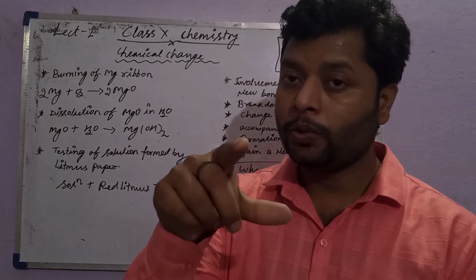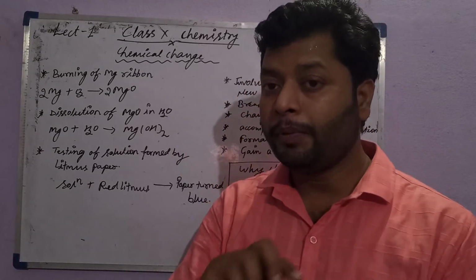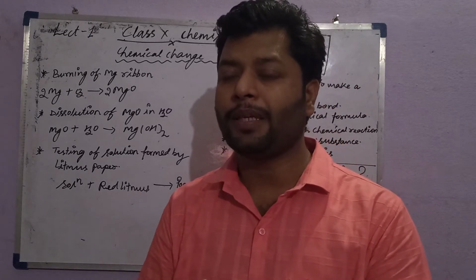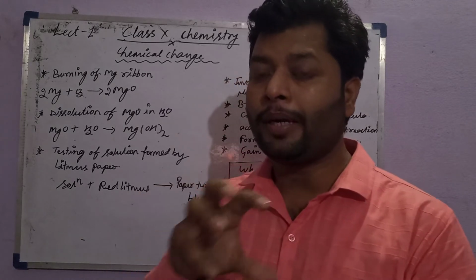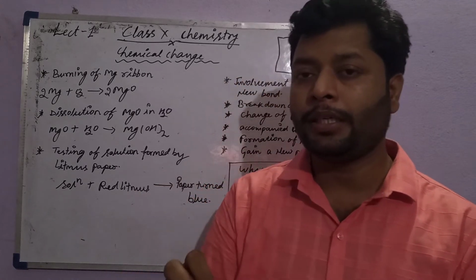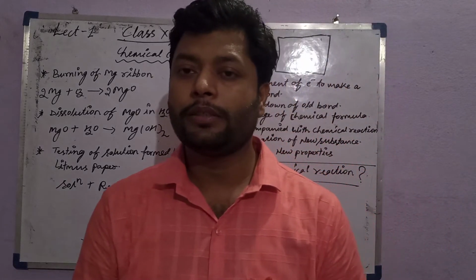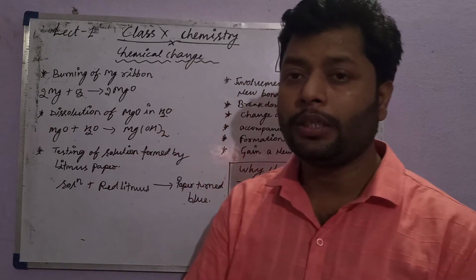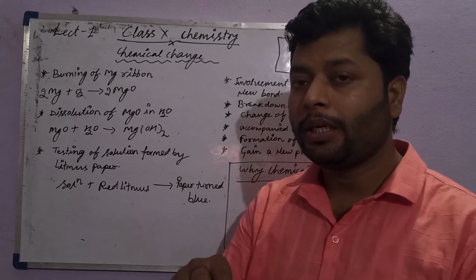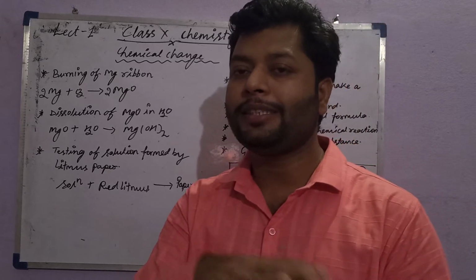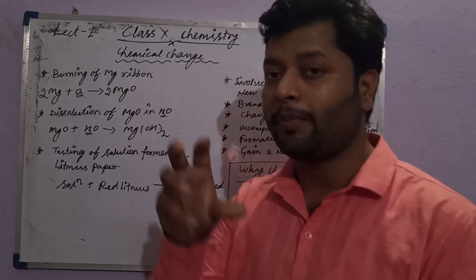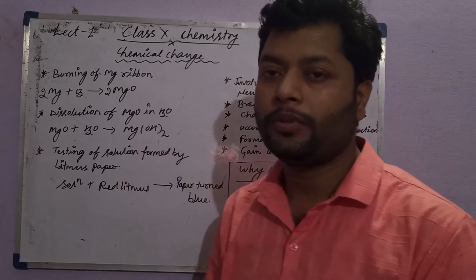But take a look: before burning, the magnesium ribbon must be rubbed with sandpaper to remove the coating of magnesium oxide and magnesium carbonate from the surface.